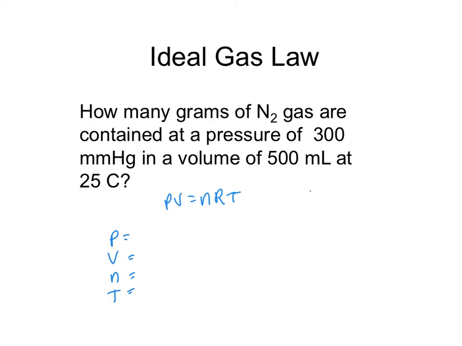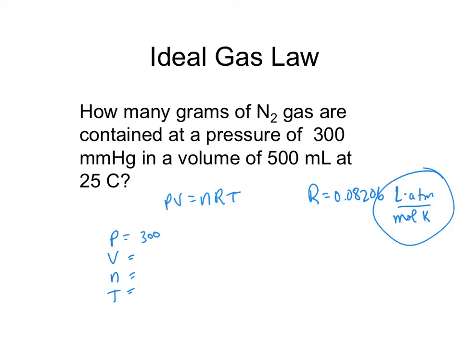Now you're going to use R equal to 0.08206 liter atmospheres per mole Kelvin. So the units for pressure, volume, and temperature have to match these units right here. So pressure has to be in atmospheres. You're given in the problem that it's 300 millimeters of mercury.